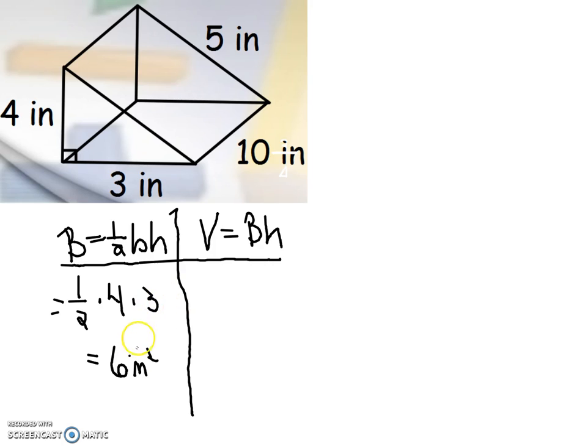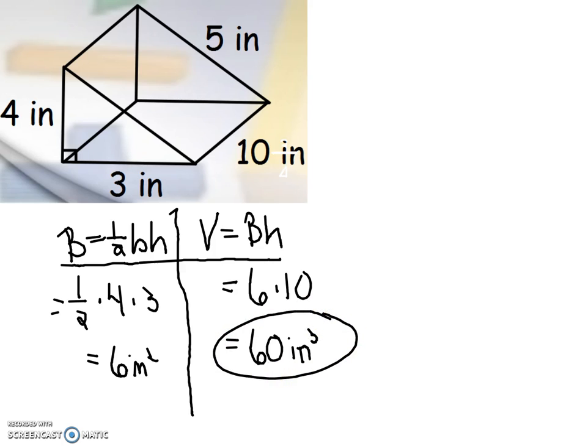So now the area of the base, we plug into here: 6 times the height of the prism. The height of the prism is 10. 6 times 10 is 60 inches cubed. So remember, we're dealing with volume and we're dealing with cubic units. Okay, let's go on to the second one.